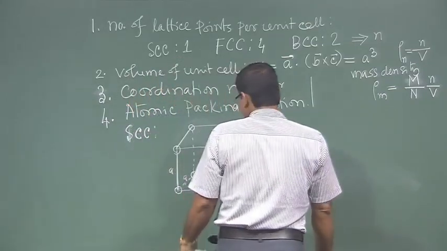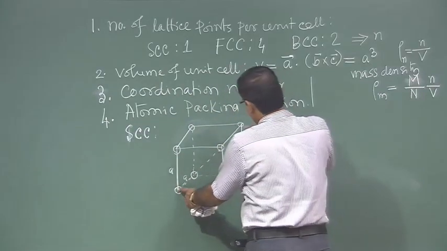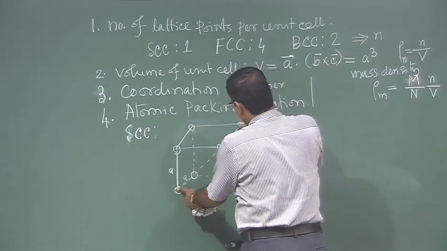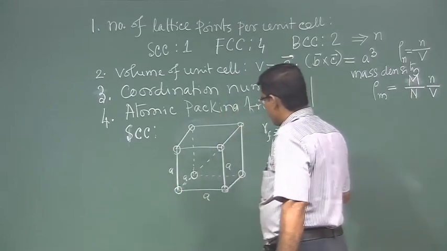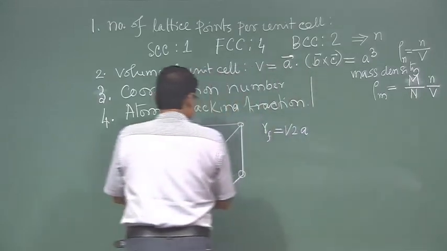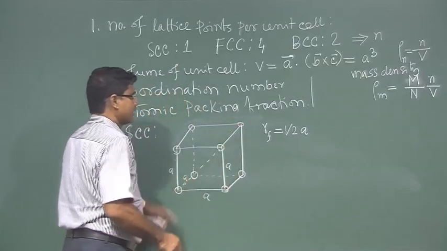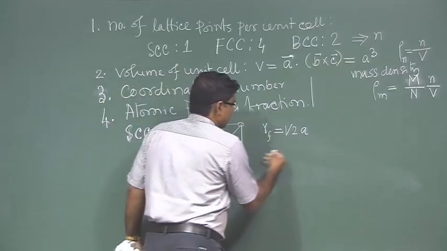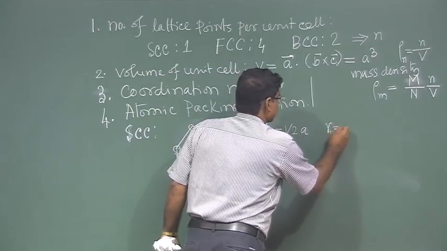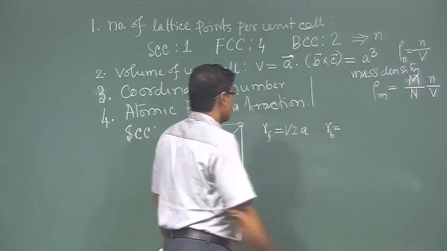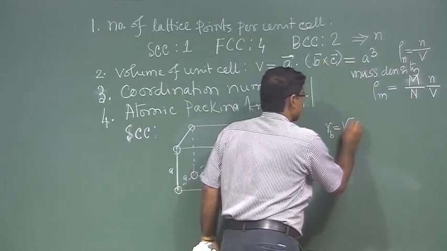What will be the distance between these two atoms along the body diagonal? One can calculate and show that, say R_B, the body diagonal distance between these two atoms, will be square root of 3 a.